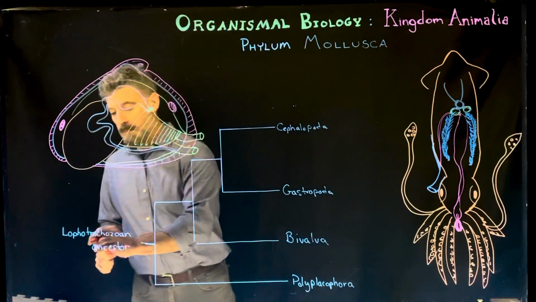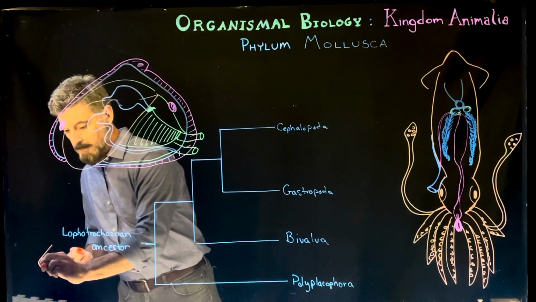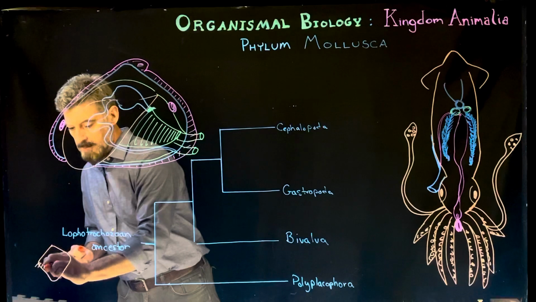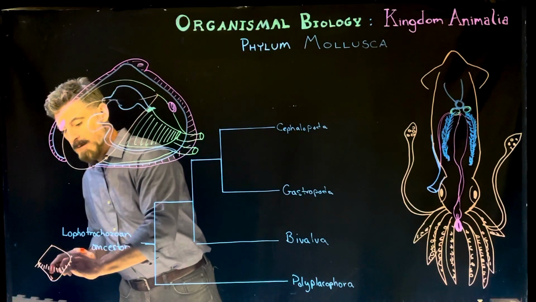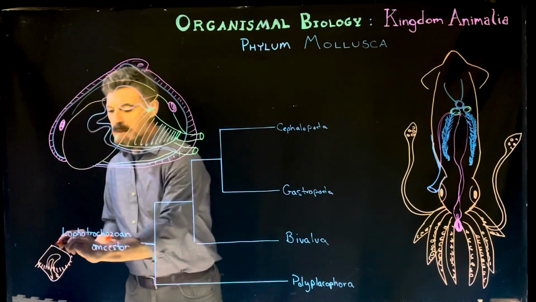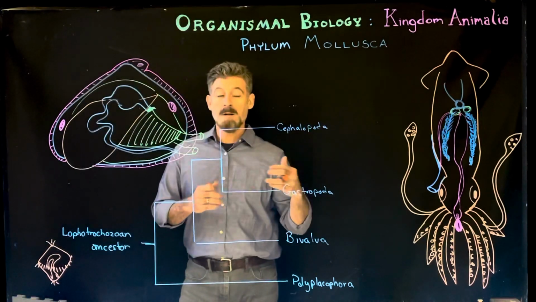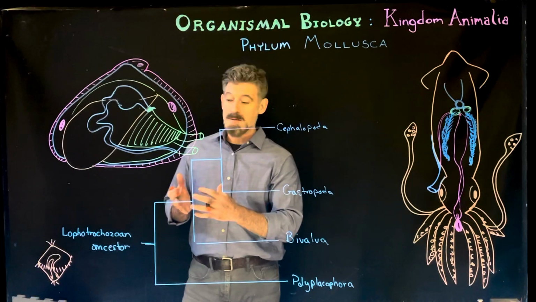And remember the trochophore larvae, or this little spinning-top type larvae that have a mouth, a digestive tract, and they feed and swim. And many, like I said, mollusks are aquatic, and many of them will have this type of larval stage at some point.